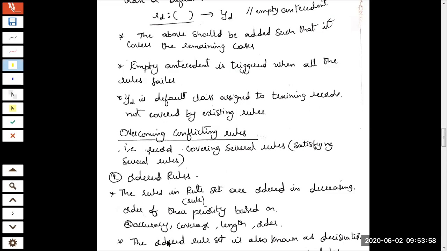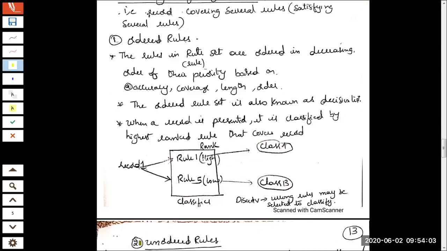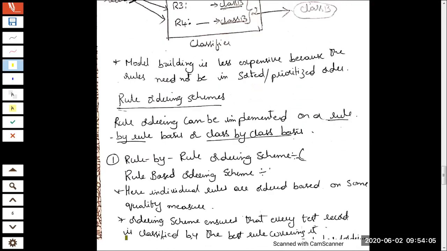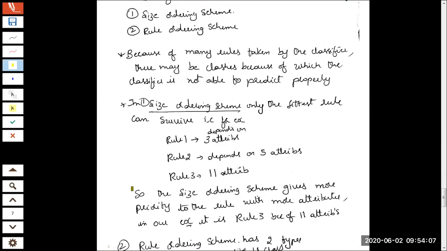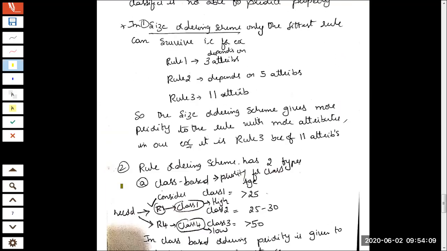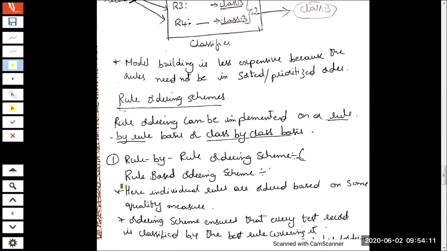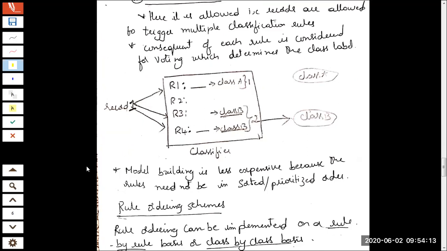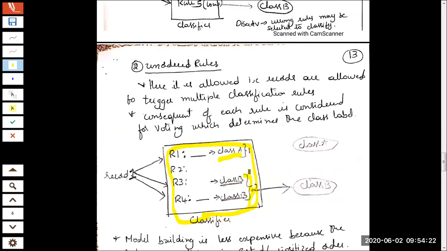Also we explored assigning priorities to classes. We saw that without assigning rank also we can help the classifier make a decision through voting. So we saw this voting mechanism also.